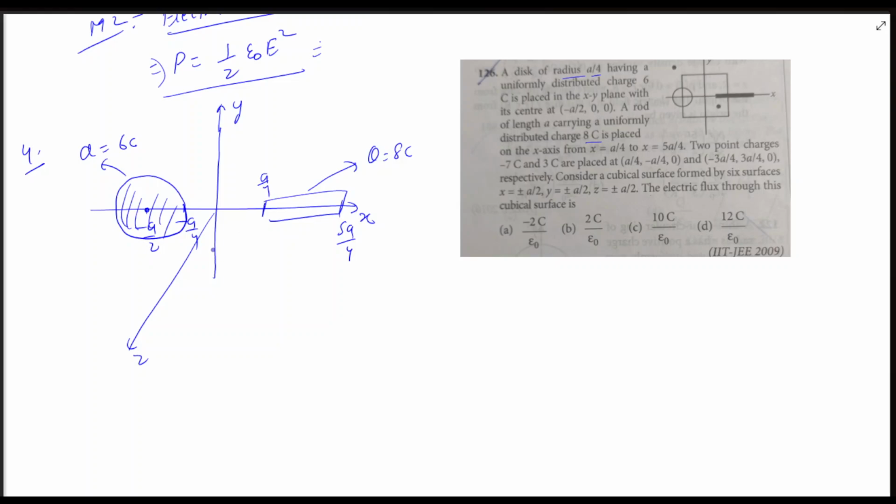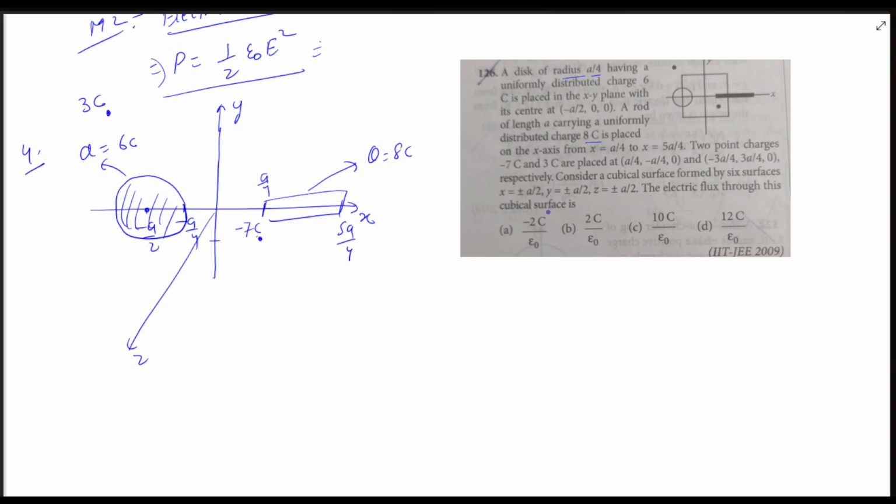This is our charge which is minus 7 coulomb here, and another at 3a by 4, and this will be minus 3a by 4. So this is our 3 coulomb. Now consider a cubical surface formed by 6 surfaces.